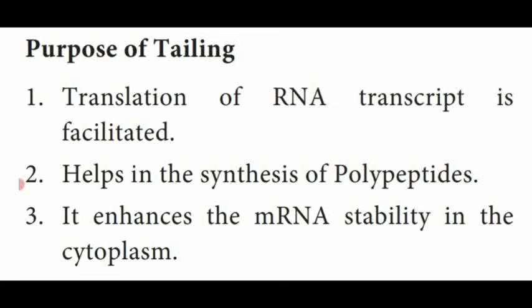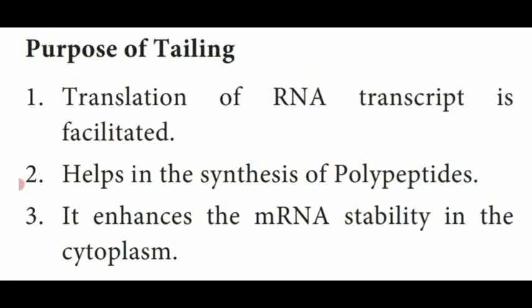Dear students, these are the two important processes in the molecular mechanism of RNA modification. One is capping, another is tailing. Capping takes place at the 5' end of the primary RNA transcript with the help of methylguanosine triphosphate.